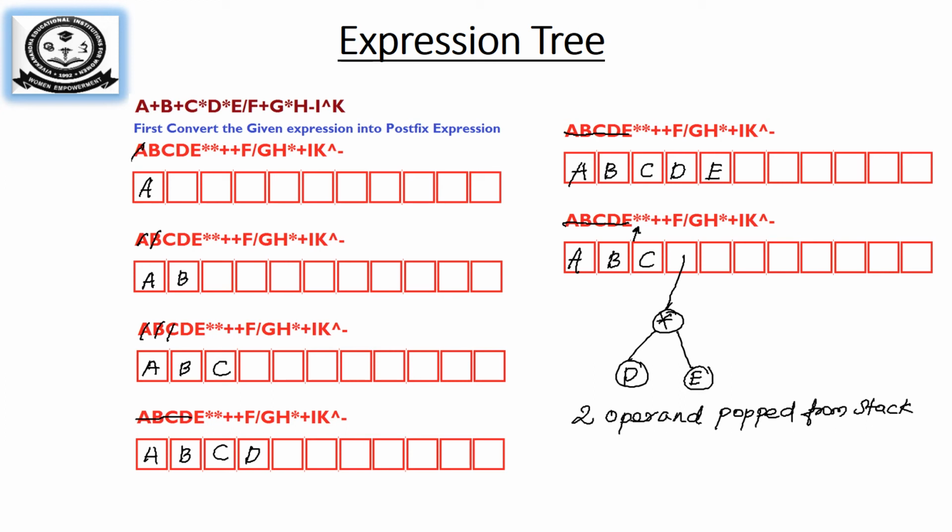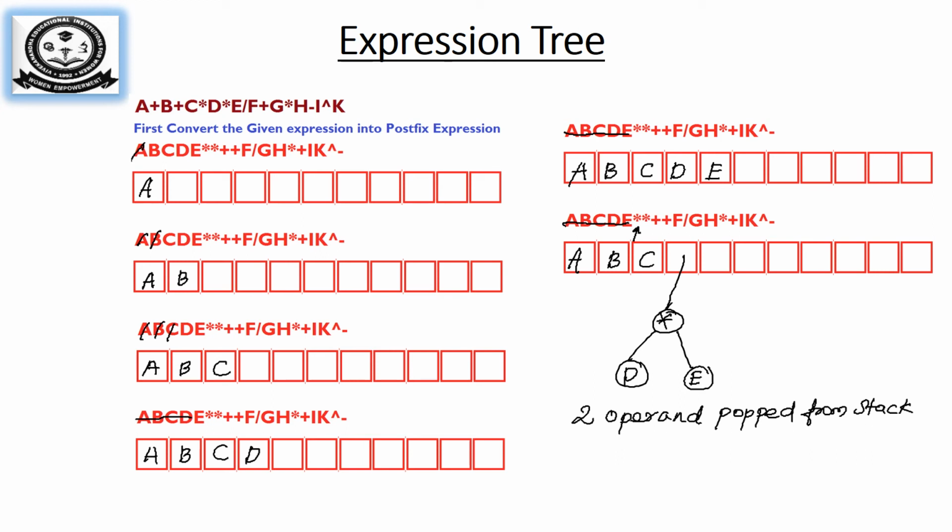How is the expression tree created? When you encounter an operand, it will be pushed into the stack. When you see an operator, we pop two symbols from the stack. The first one coming out will be the right child, the second will be the left child. We'll see an example. First A, B, C, D, E are operands which will be pushed into the stack.